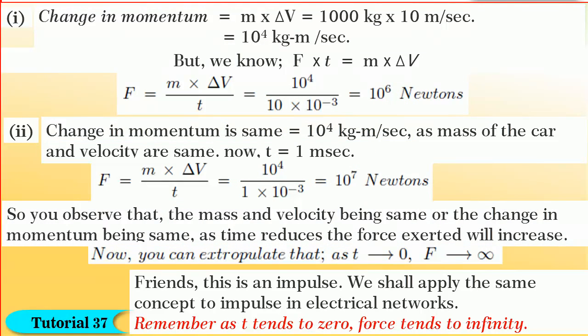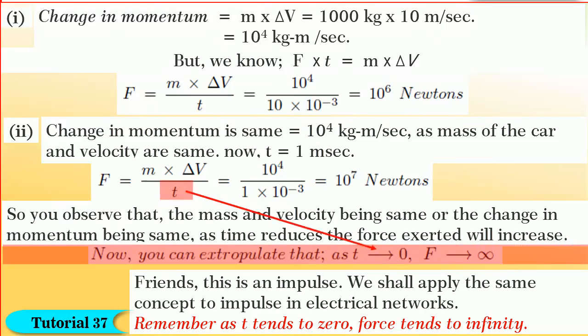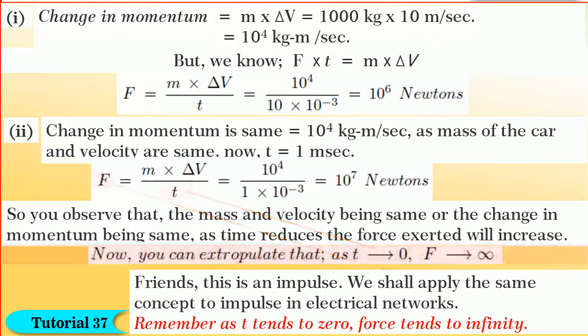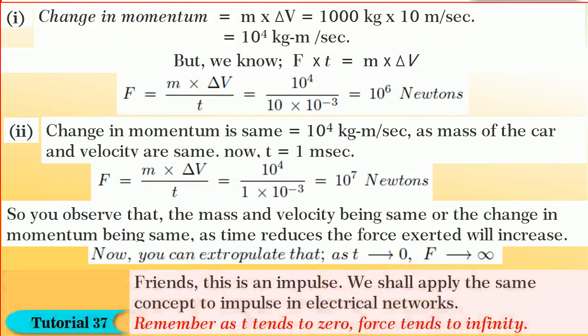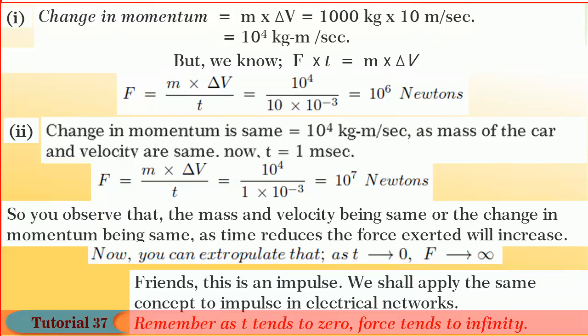Hope you understand this. Friends, now if we extrapolate this, we see that as t tends to 0, F tends to infinity. Friends, this is exactly the concept of impulse. We shall extend this concept to impulse in electrical networks. Remember, as t tends to 0, force tends to infinity.